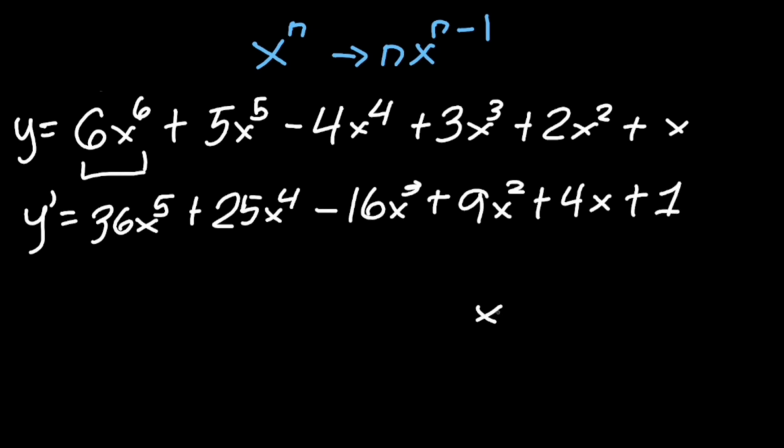Because if there is an isolated x, it will automatically be like 1x. So, if you use the power rule on that, 1x, 1 minus 1 will be 0. So, it will cancel. So, it will only be 1.